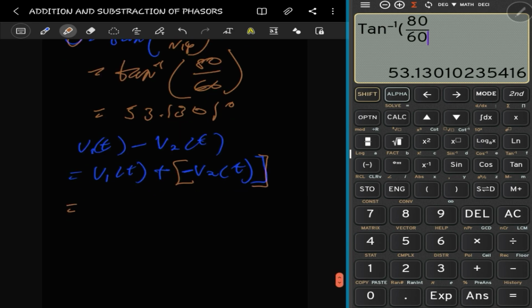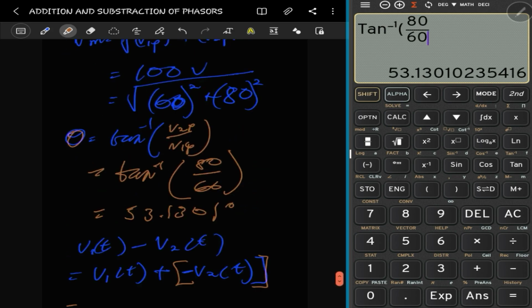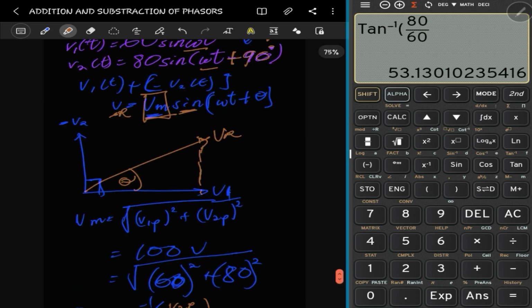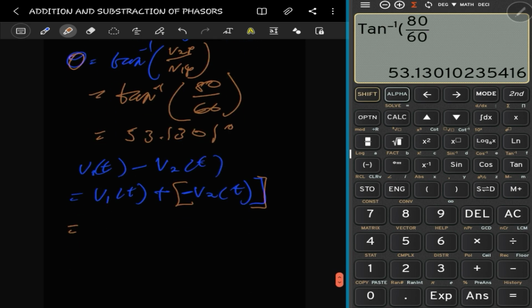So this is what it will give us. We found the Vm, which is the peak for the resultant, which is 100. So 100, and the sum will still be a sine wave.